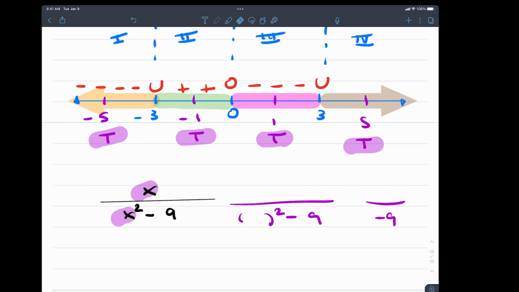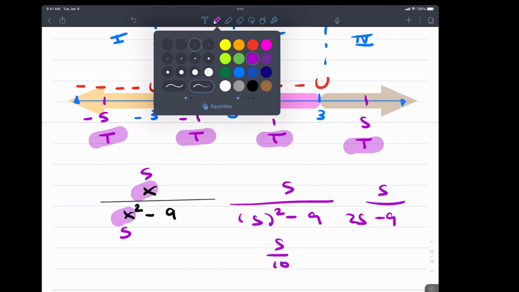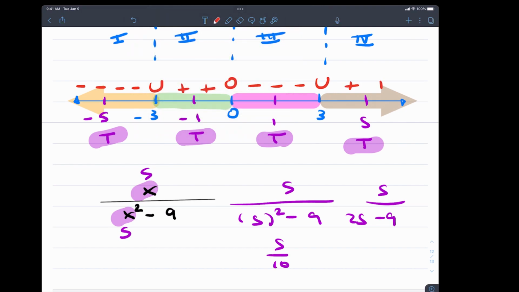Let's plug in 5. What do you guys think you're going to get for 5 if we plug that one in? 5 over, what's 25? Isn't that 5 over 16? Positive over a positive gives you a nice what? Positive here.